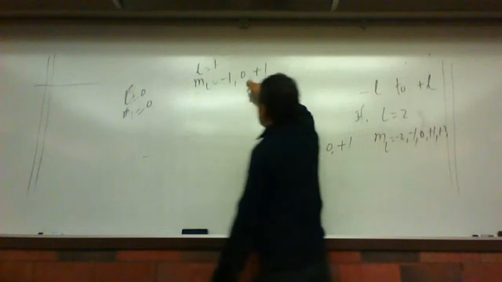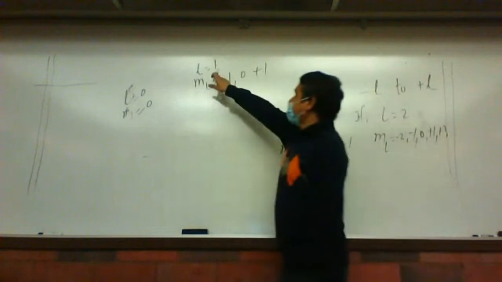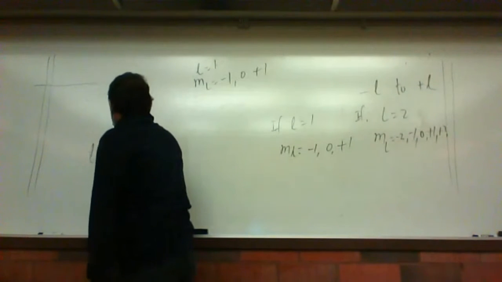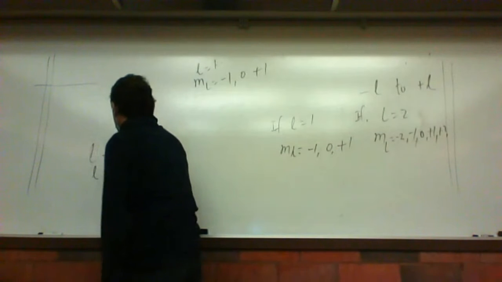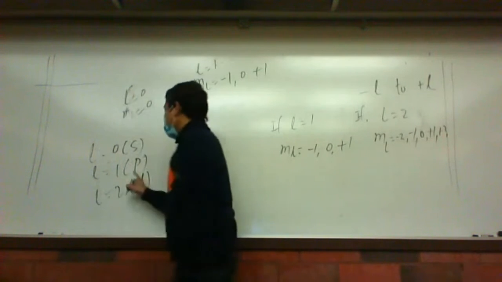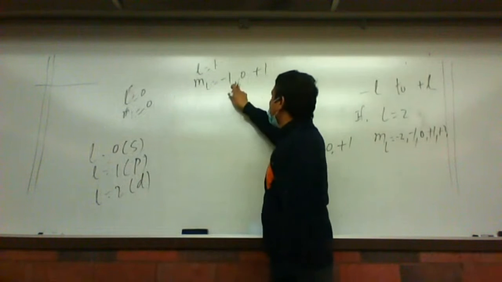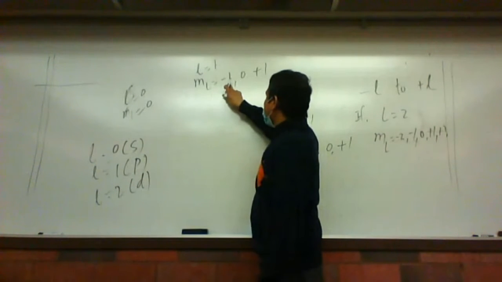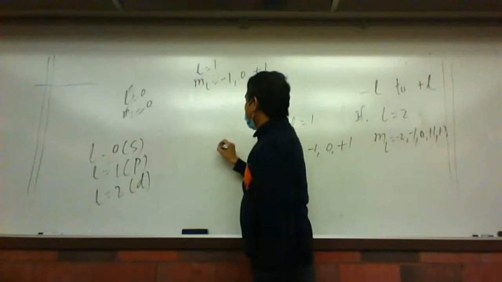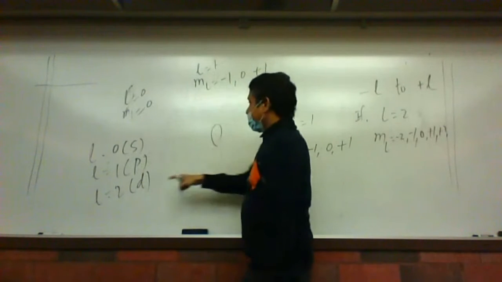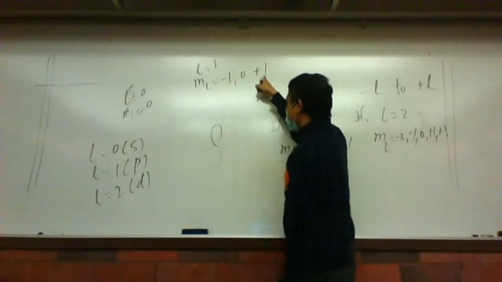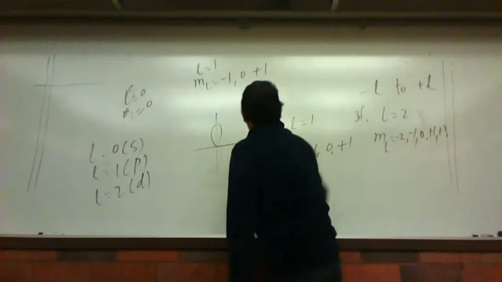L equal to 0 is s, L equal to 1 is p, L equal to 2 is d, right? So this is the p orbital. What is the shape of this L equal to 1 orbital? That is dumbbell, right? So p, dumbbell. This is also dumbbell, this is also dumbbell, this is also dumbbell. So this looks like that.